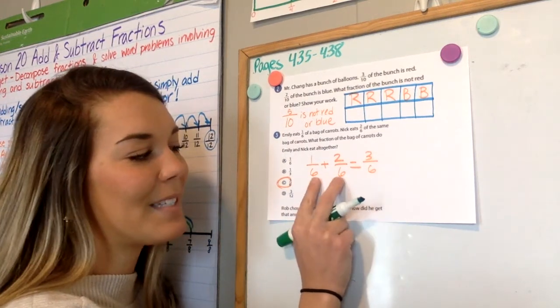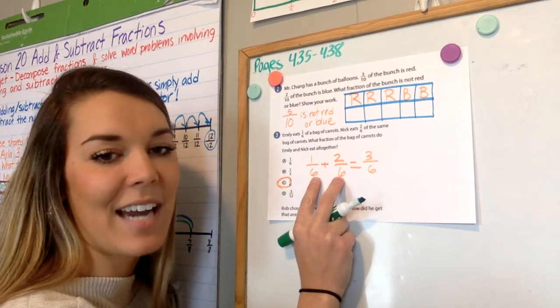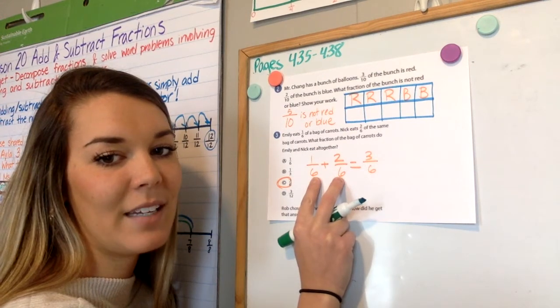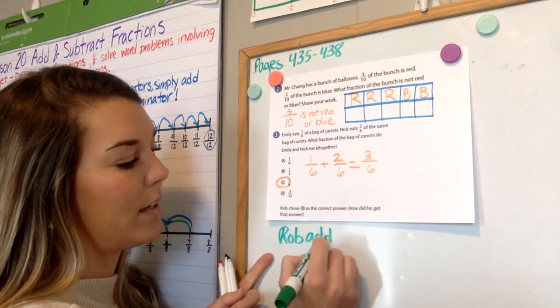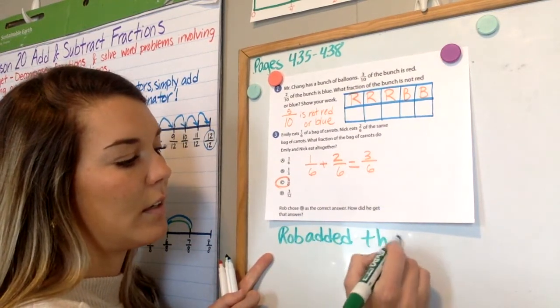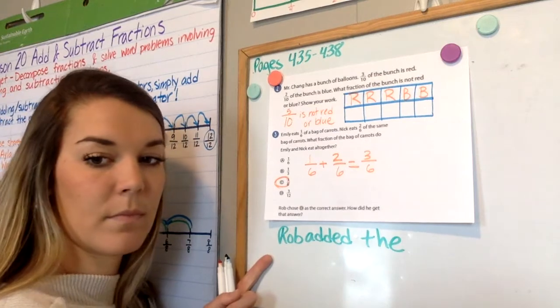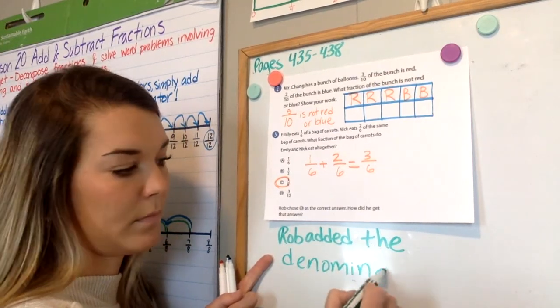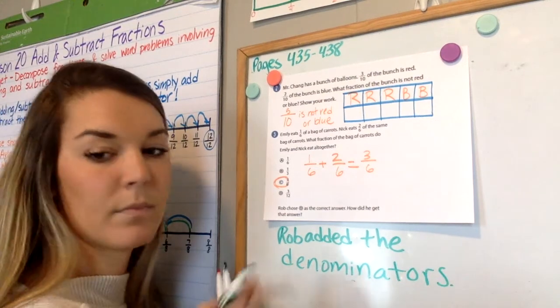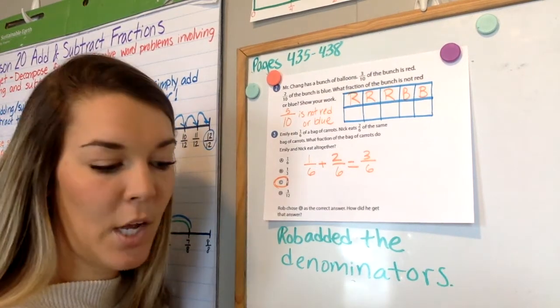But I know 6 plus 6 is 12, so he must have added these denominators, right? So Rob added the denominators. Okay? Pause me to get that down.